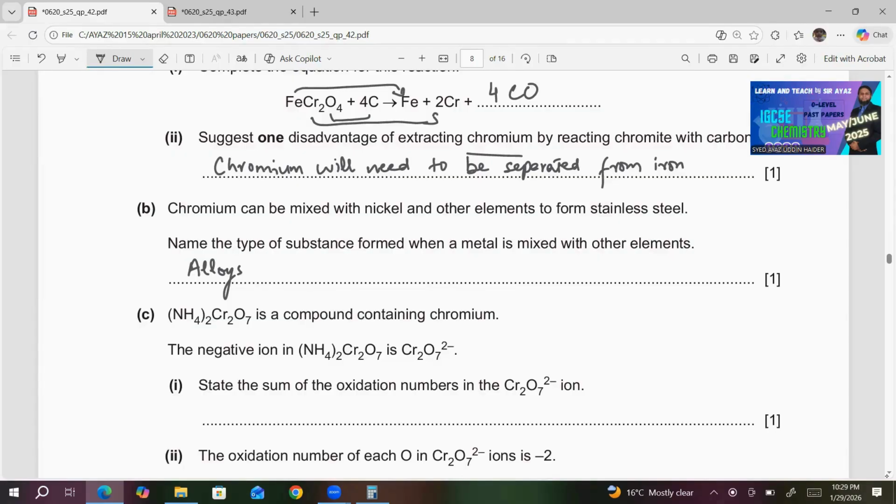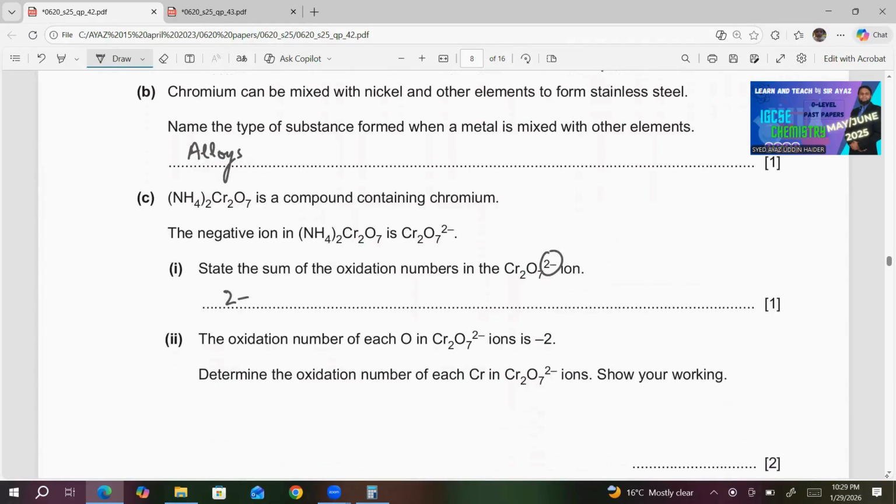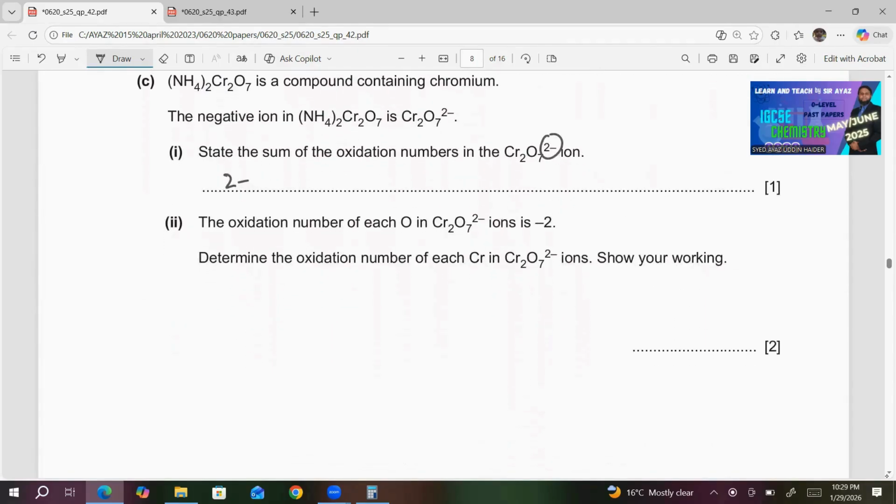So if you look at the chart, it's already mentioned, it must be having 2 minus as the sum of the oxidation numbers. So I will write 2 minus. 2. The oxidation number of each O in Cr2O7 2 minus ions is minus 2. Determine the oxidation number of each Cr in Cr2O7 2 minus ions. Show your working. So I'm going to consider X as Cr.